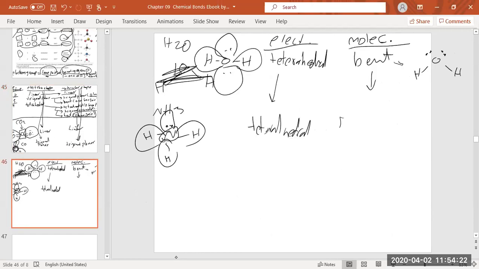So here it will be trigonal pyramidal. And the shape will be like this. Nitrogen. This is the trigonal pyramidal.